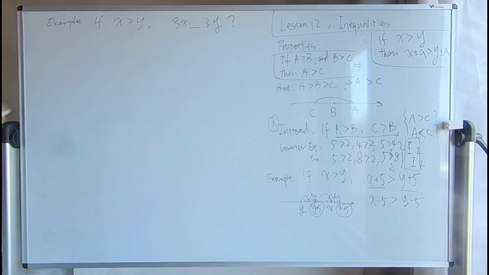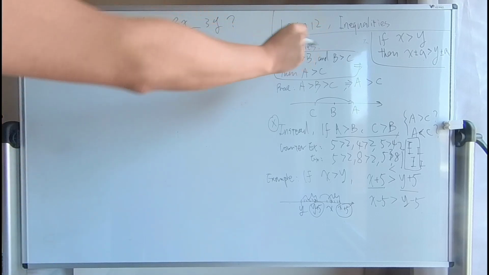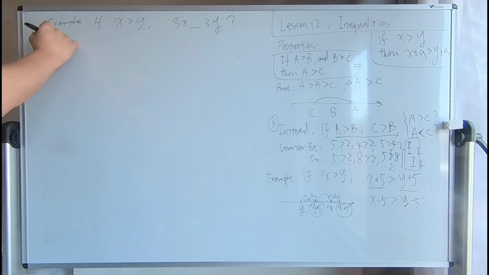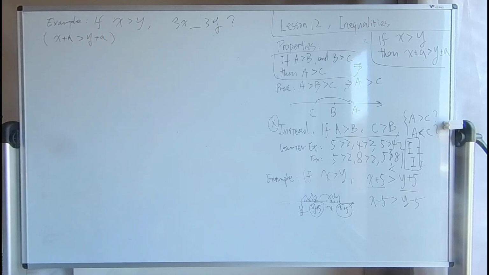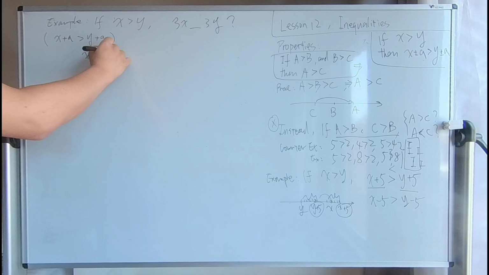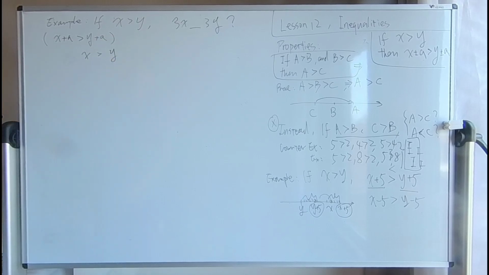Even though it's multiplication, we can actually prove it from the known property. Let's assume that we already know this is true. Then we start from the known condition x is greater than y.